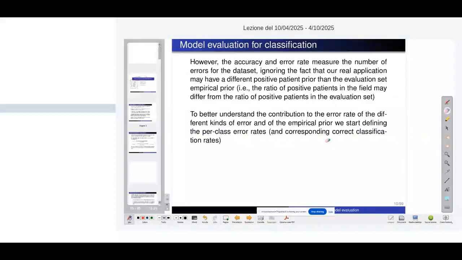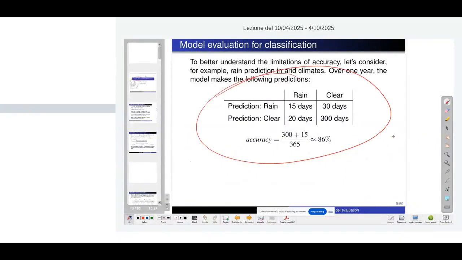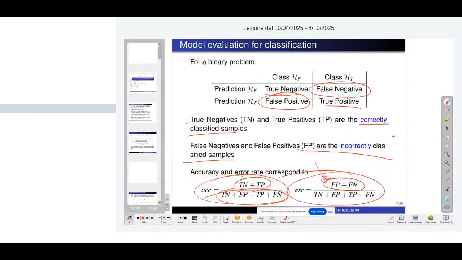To start with the intuitive way, we said that we have two problems. We want to take into account the application prior rather than the empirical set prior, and we want to be able to introduce costs of different errors. If we look at the error rate, it's not clear directly from this expression how to do this.